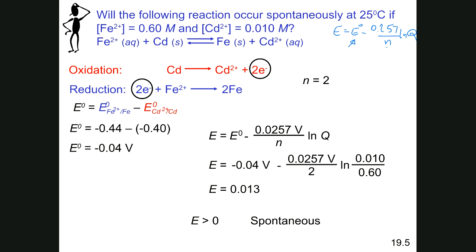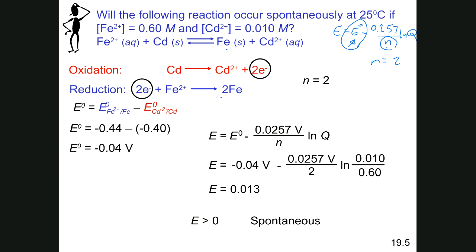These two must be known. Then we find the value for E0. The value for N can be found from the balanced equation. Iron is gaining 2 electrons, cadmium is losing 2 electrons, so N is equal to 2. For the E0, which one is the cathode? Iron is the cathode, and cadmium would be the anode.